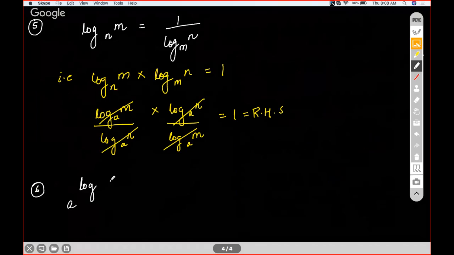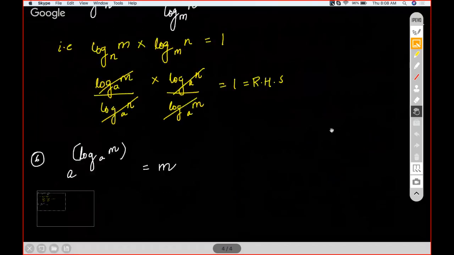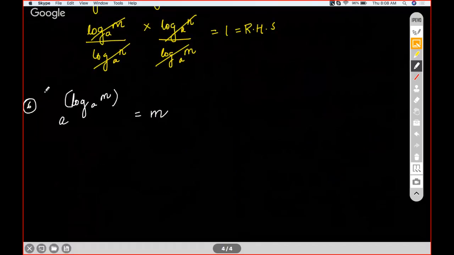A to the power log m to the base a is m itself. A to the power log m to the base a equals m itself. This is a very widely used property, and you'll find it used in so many places in your class 11th.